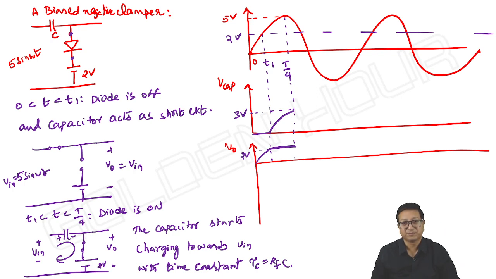Is it not so? So the capacitor will charge up to, or I can say at t equal to T by 4, the input is 5 volts, and due to a small delay, the capacitor voltage is, ideally it should be 3 volts, but slightly less than 3, maybe 2.9.